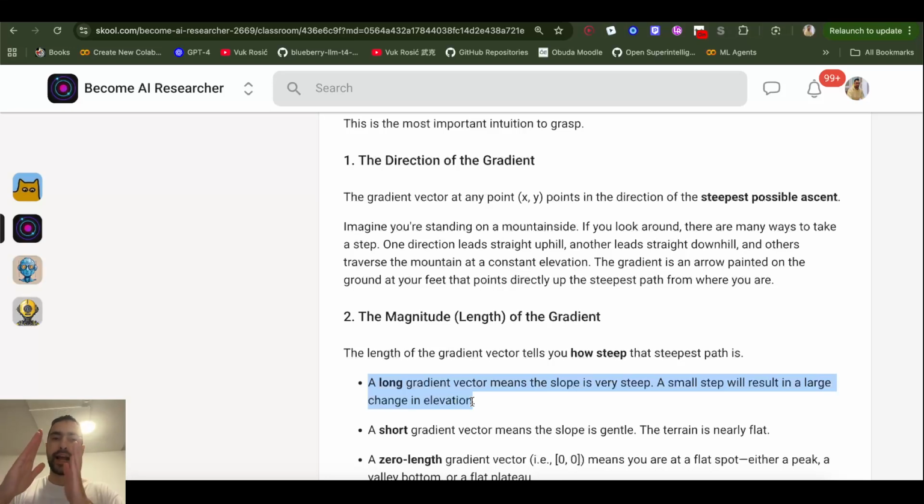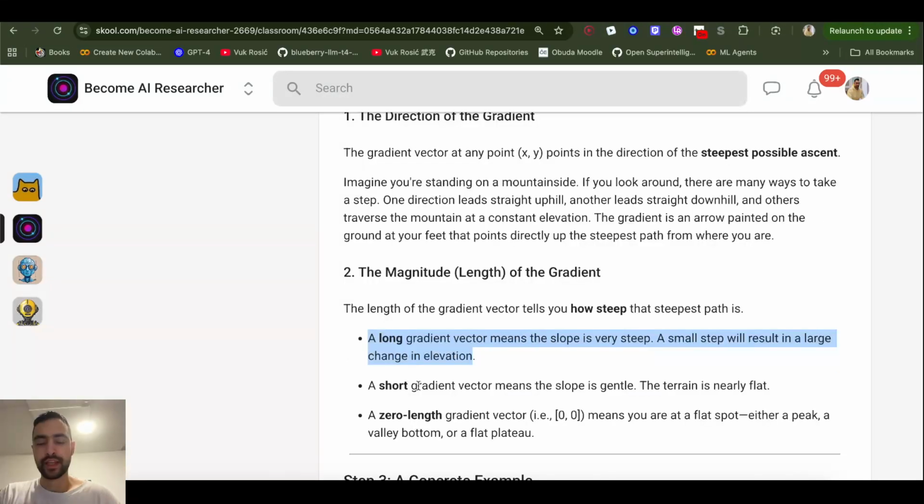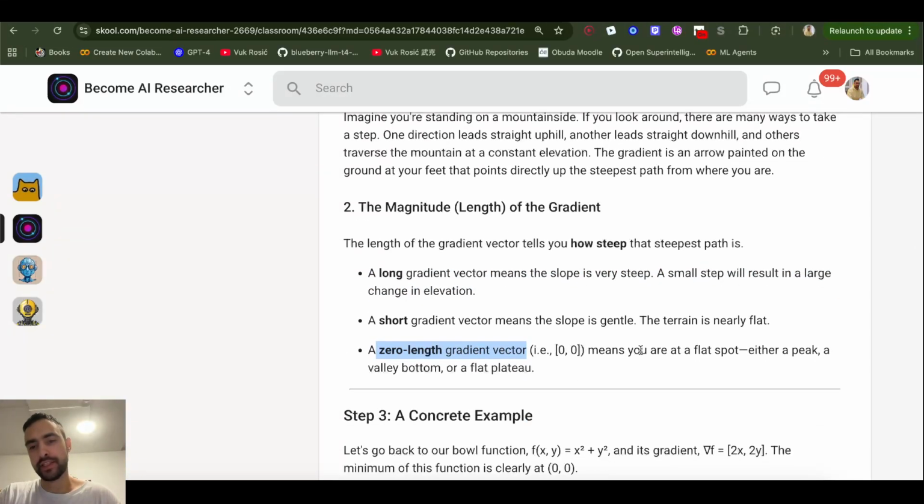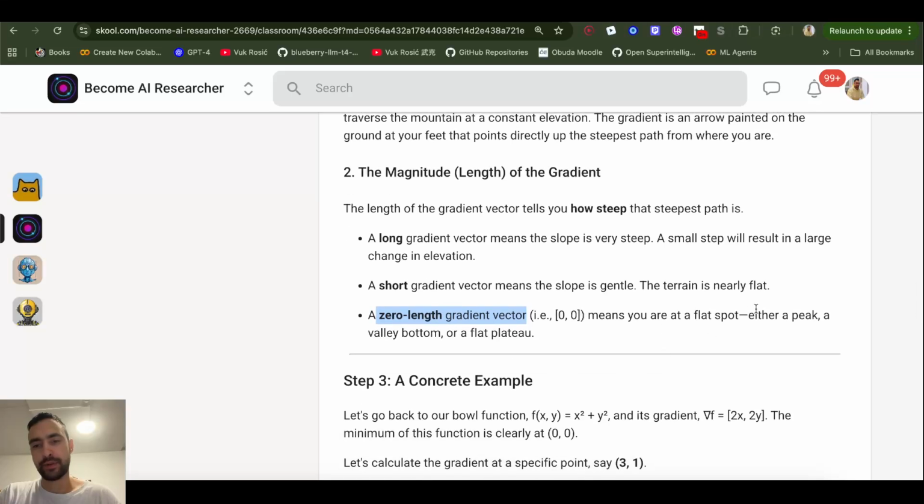The step size is always the same. The gradient tells you how much you will change your altitude after that step. A zero-length vector, 0, 0, means you are at a flat spot, either a peak or a valley.